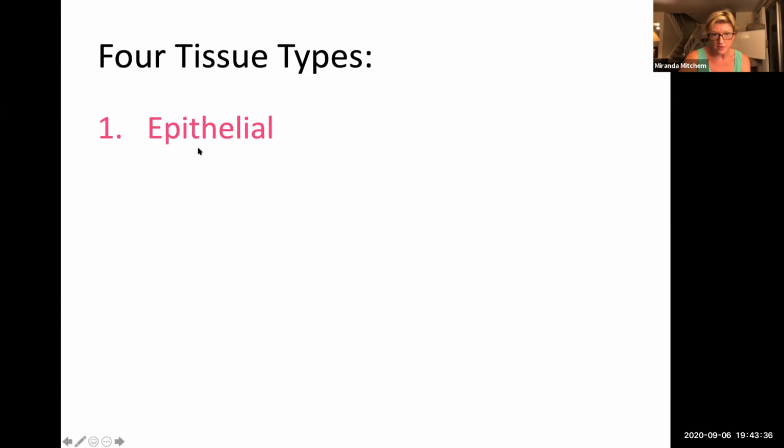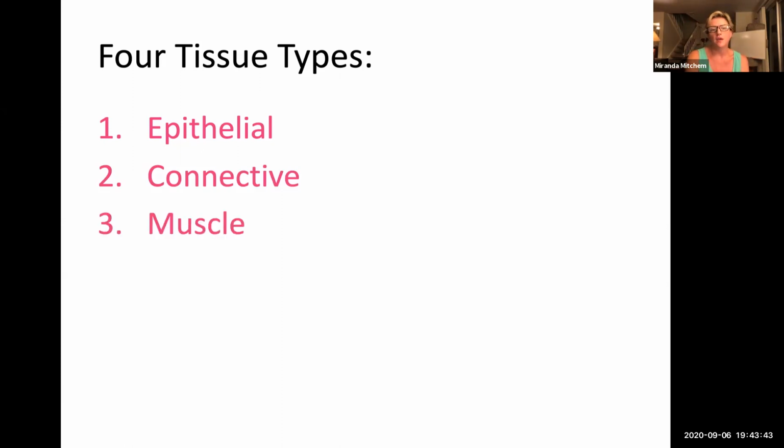The epithelial tissue, and we've got connective tissue, so blood and bone are examples of that. We have muscle, and then we also have nervous or neural tissue. So there are 4 major tissue types in humans: epithelial, connective, muscle, and nervous. And they all have different functions.